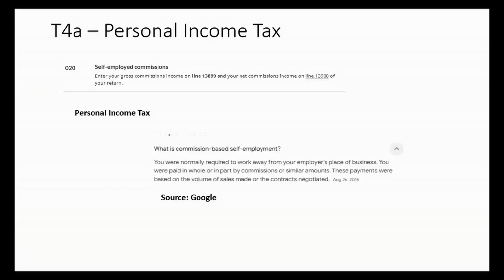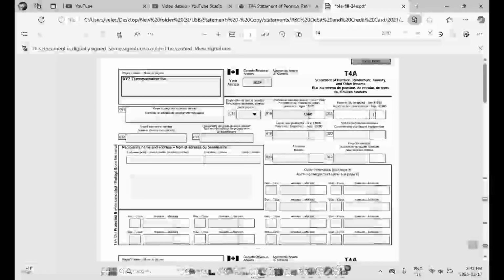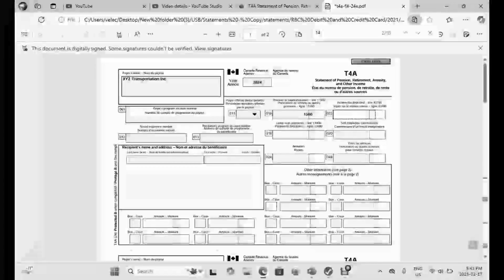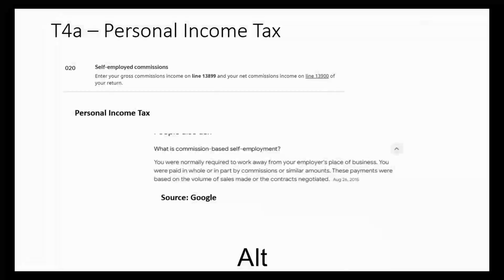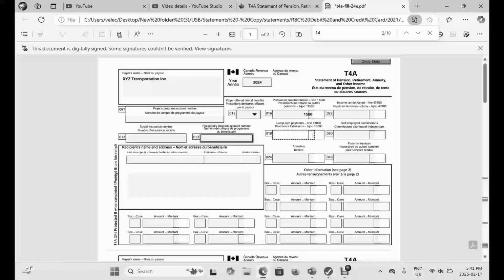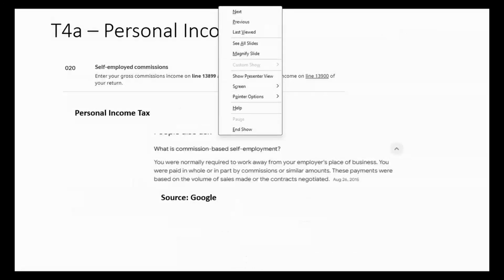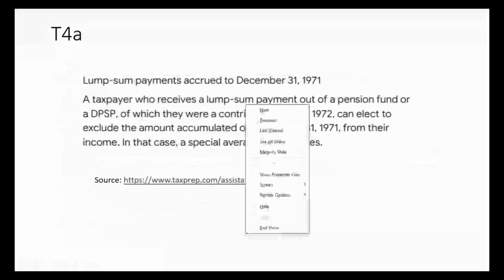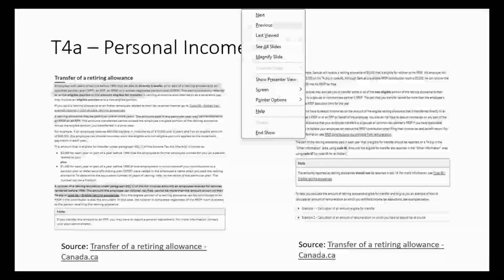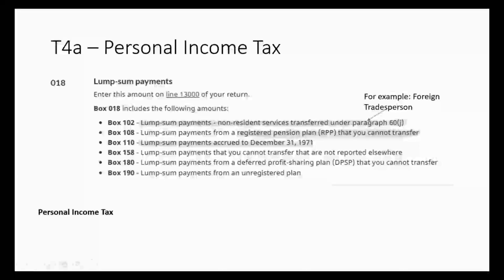Now again, this all has to do with your lump sum payments, or box 18. This amount will be on line 13,000 of your return.